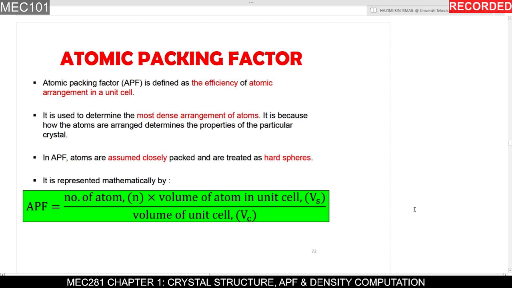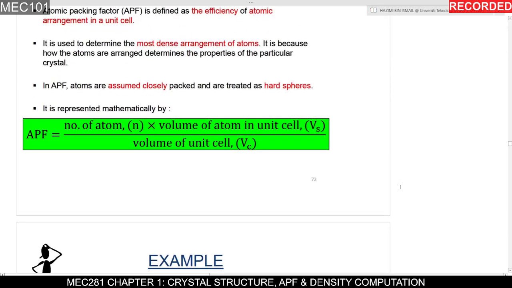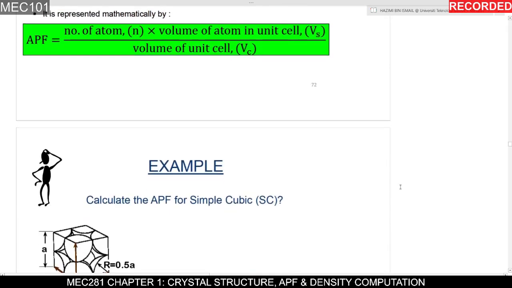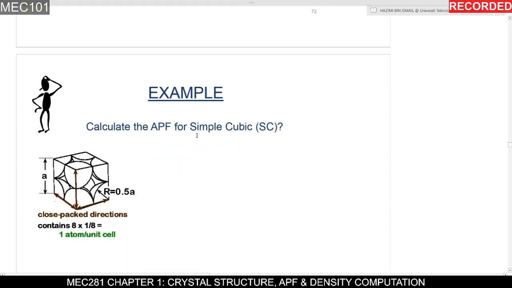Because we know if they have a high APF, maybe it is more brittle and harder. Okay, so this is the calculation of how they derive the APF formula for the SC.